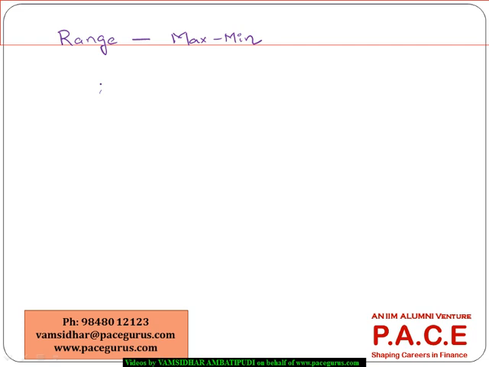But now, what else, if not the range? That's where I look at the mean absolute deviation. Now I want a measure which considers almost all the observations, not just the highest and the lowest.